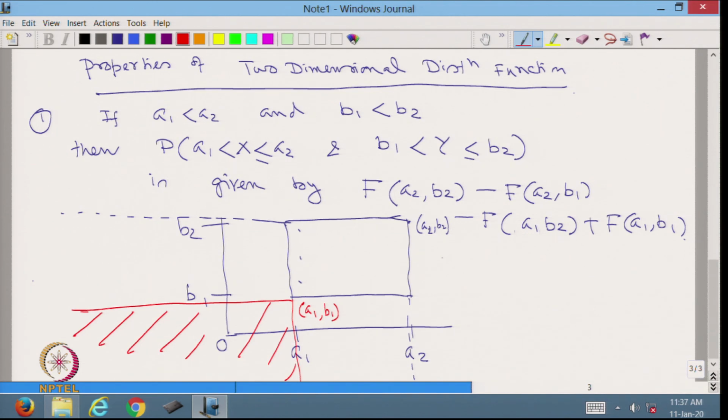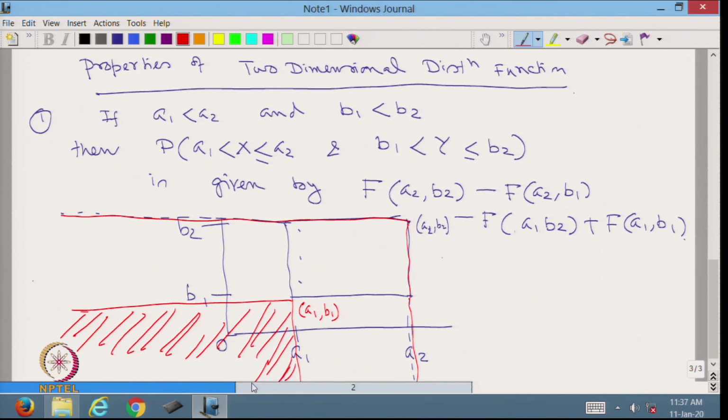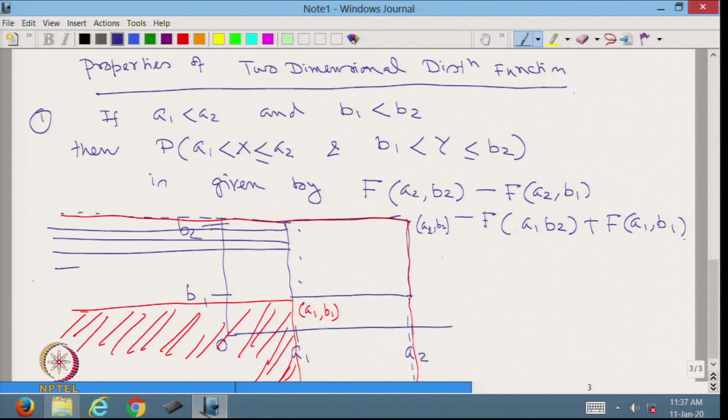Therefore, we need to subtract from this rectangle, as I am marking it here with red, this rectangle which now I am marking with blue line, and also this rectangle which I am marking with blue line.